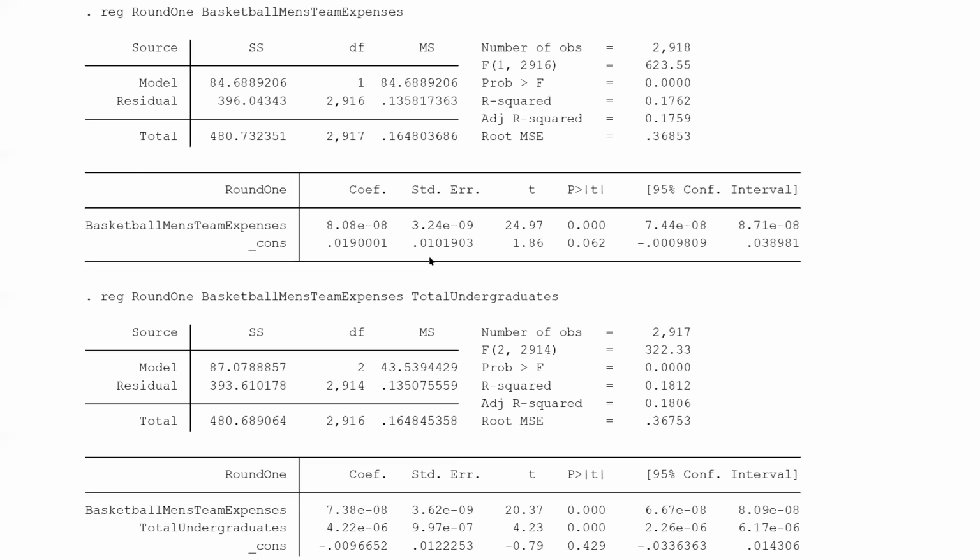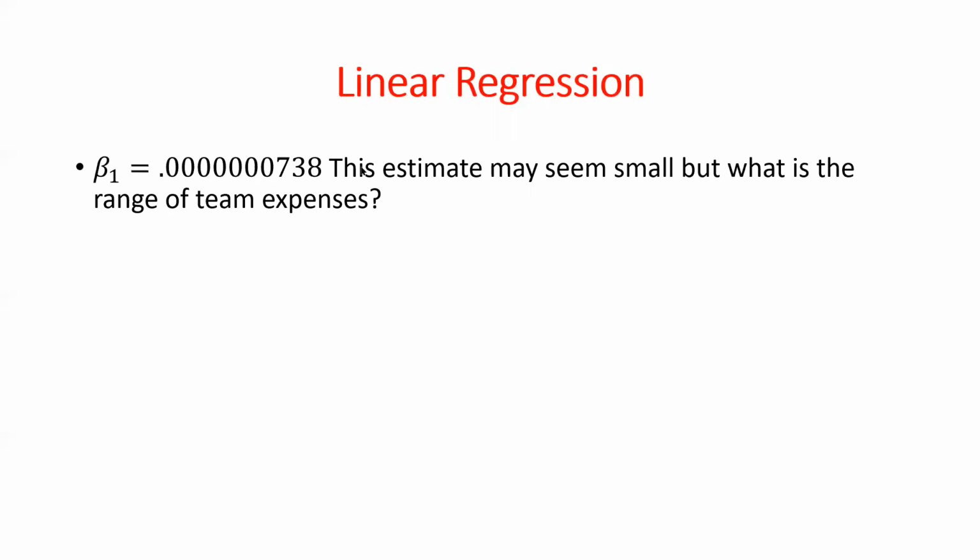So, well, I guess I jumped the gun a little bit here, but we can add in additional controls if we really wanted to. Okay. Before I do that, we'll start to think about how can I use this coefficient to start to make some more interesting kind of thought experiments. So if this is the effect of $1, right? Well, it seems relatively small, but teams aren't spending tens of dollars on their program.